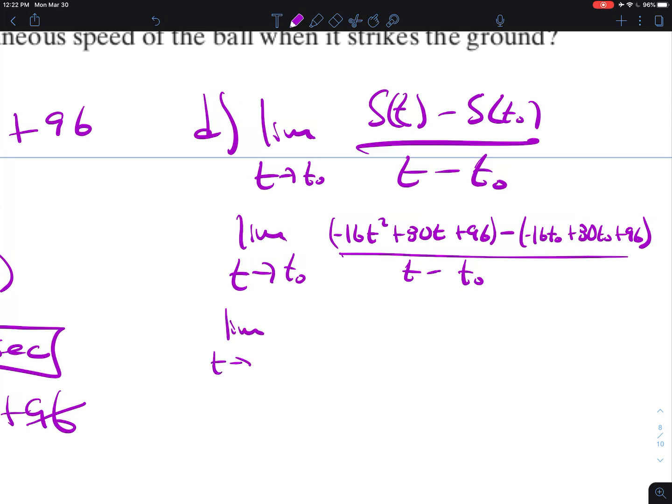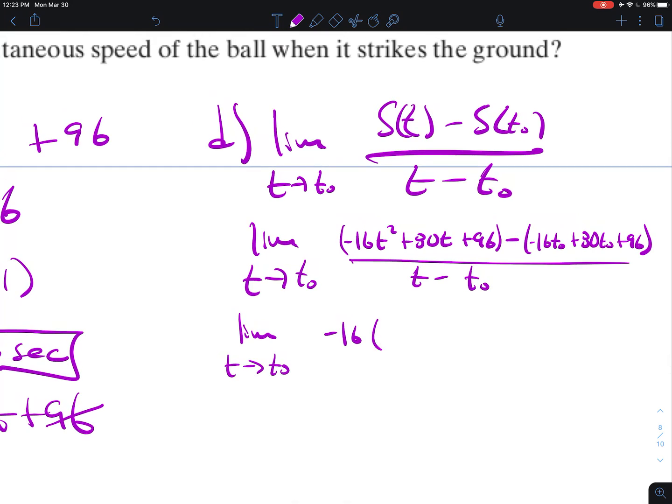And yes, it's a bit tedious, but you can't skirt the work here. If we evaluate all this, there's a negative 16 that exists in all 6 of those terms in the numerator. So I'm going to factor that out, and that leaves me with t squared minus t null squared minus 5t plus 5 t null, all over t minus t null.